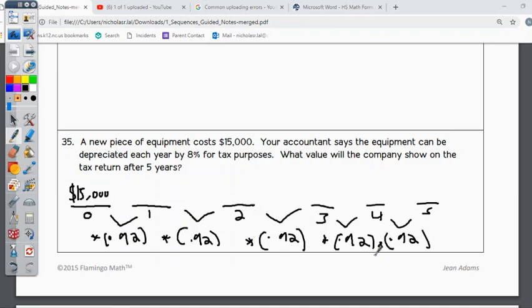I'm hoping this is ringing some bells from our exponential unit.